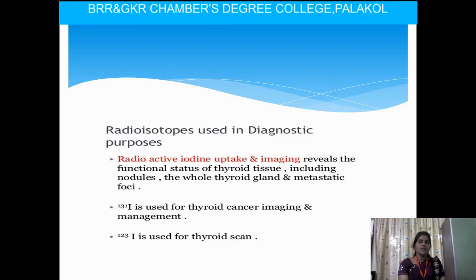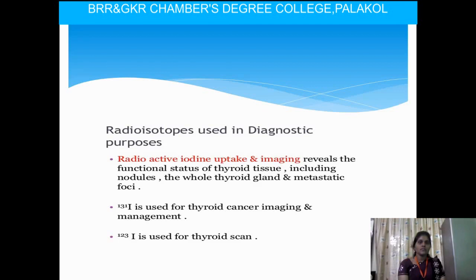We can use these radioisotopes for diagnostic purposes and imaging. These radioisotopes are also used in X-ray systems, and we can assess different types of diseases like thyroid. We can also diagnose diseases like cancer, some syndromes, and different types of genetic disorders.